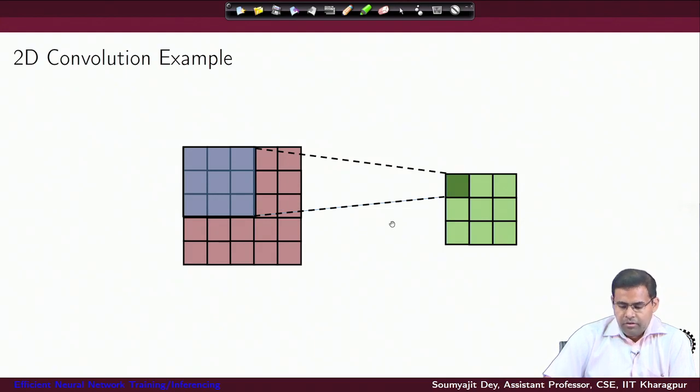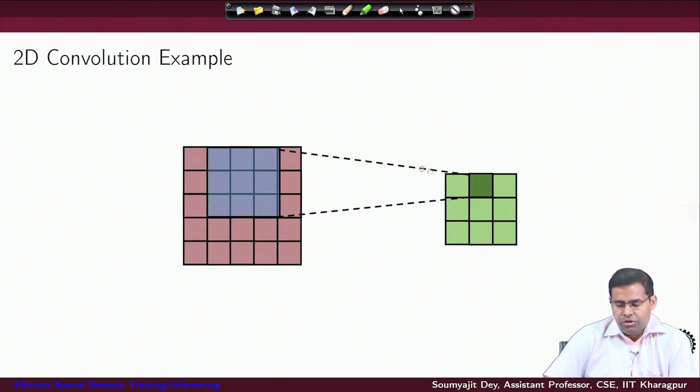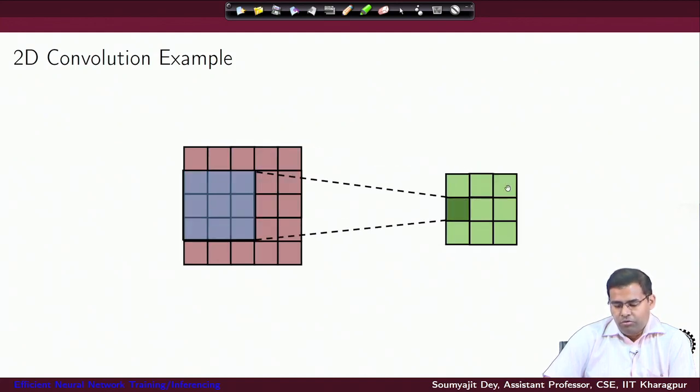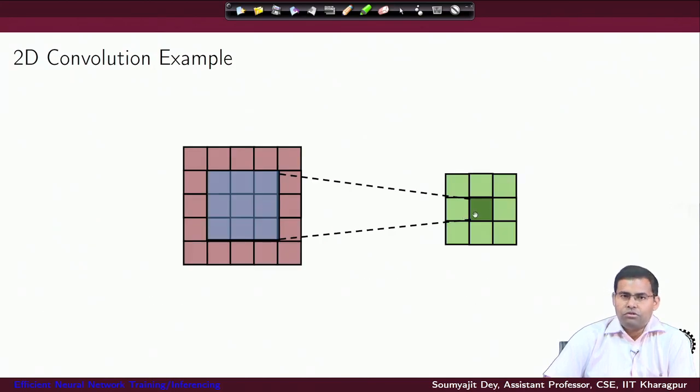As you can see, for the first location you are putting the mask in the top left position that is possible, that is the overlay region. You shift it by one position and you keep on shifting like this in the output image. Move to the next row, again keep on shifting in that row, and so on and so forth.